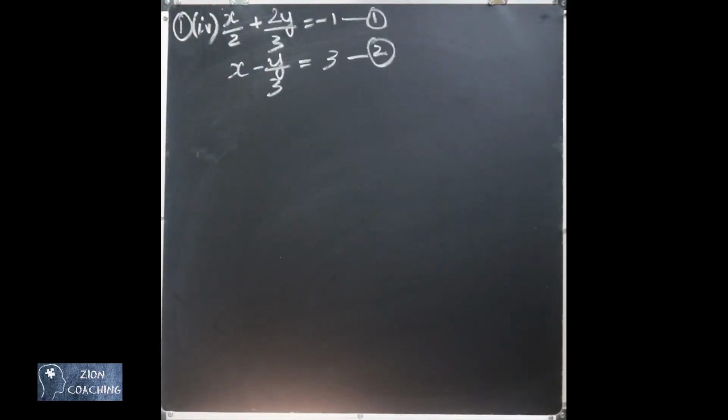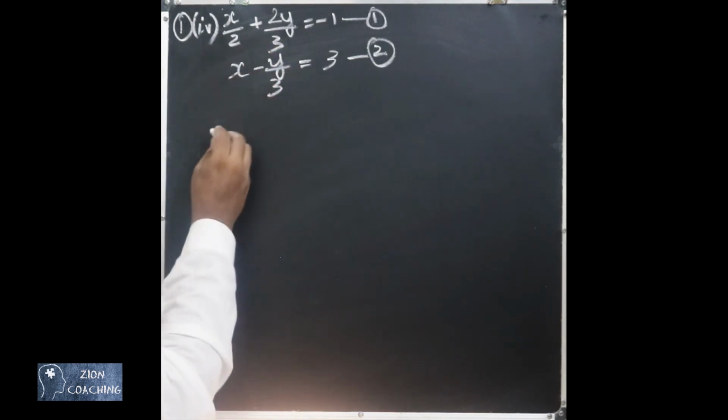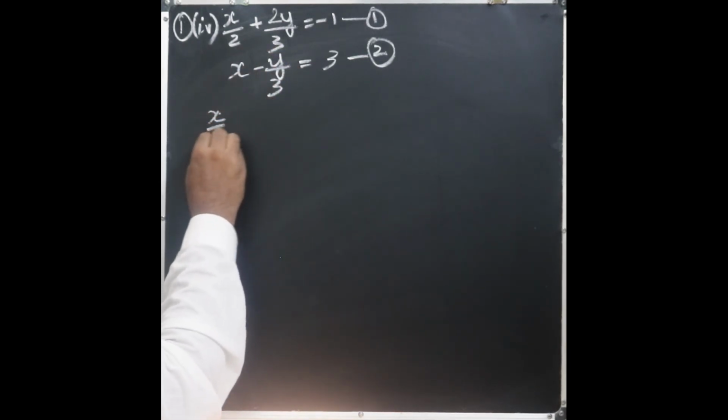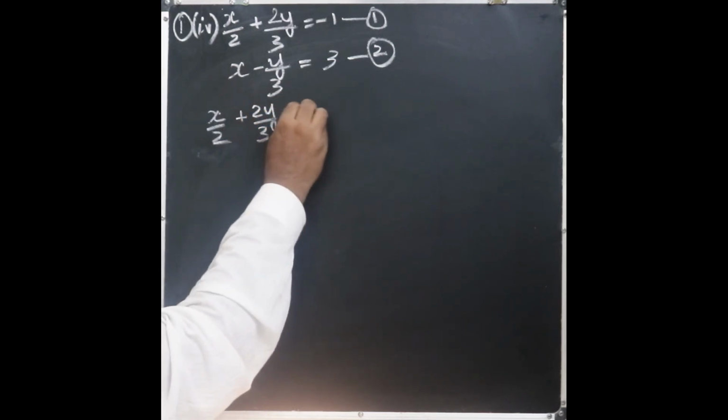They have given two equations, x by 2 plus 2y by 3 equal to minus 1, x minus y by 3 equal to 3. Now first we will bring them to the general form. For that I am going to take LCM here. We have x by 2 plus 2y by 3 equal to minus 1.